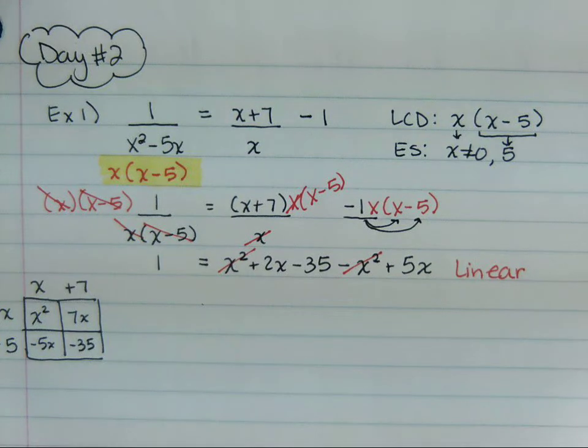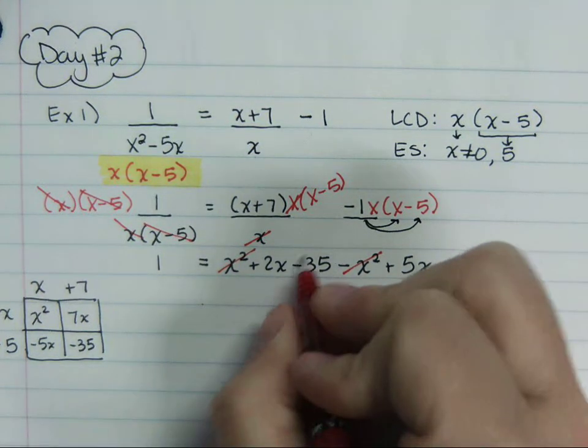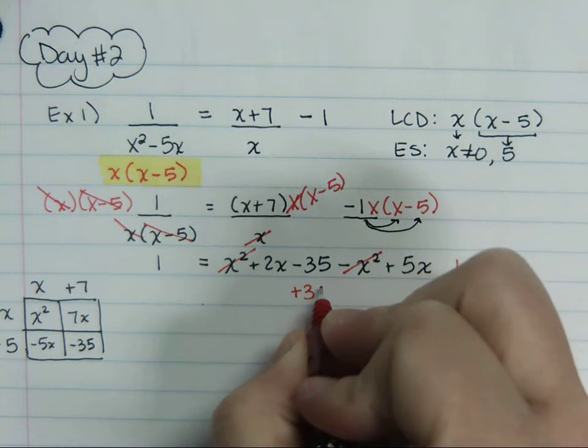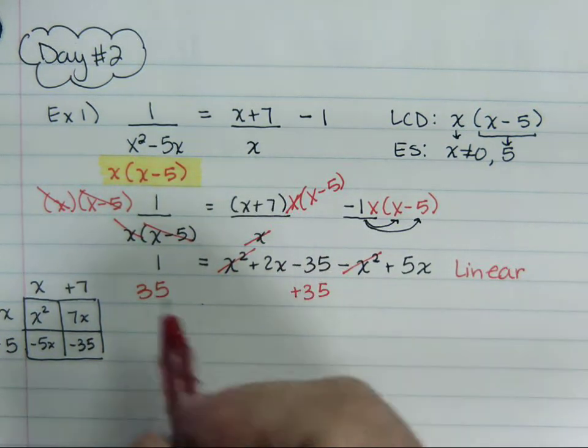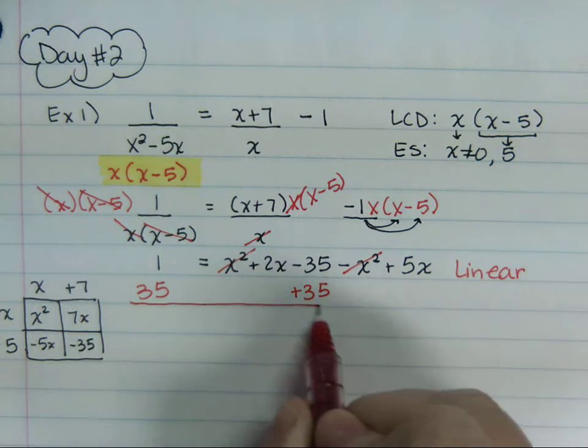And since I'm solving a linear, I'm going to want to move this minus 35 to the other side by adding it. Okay.